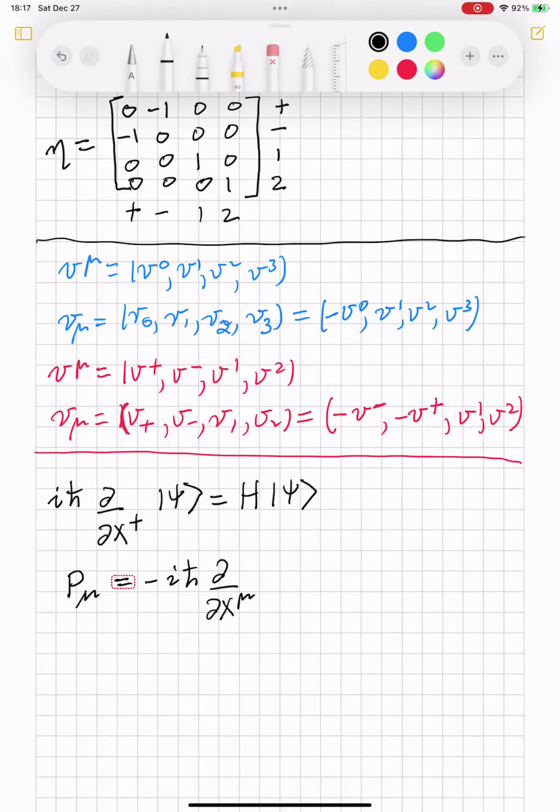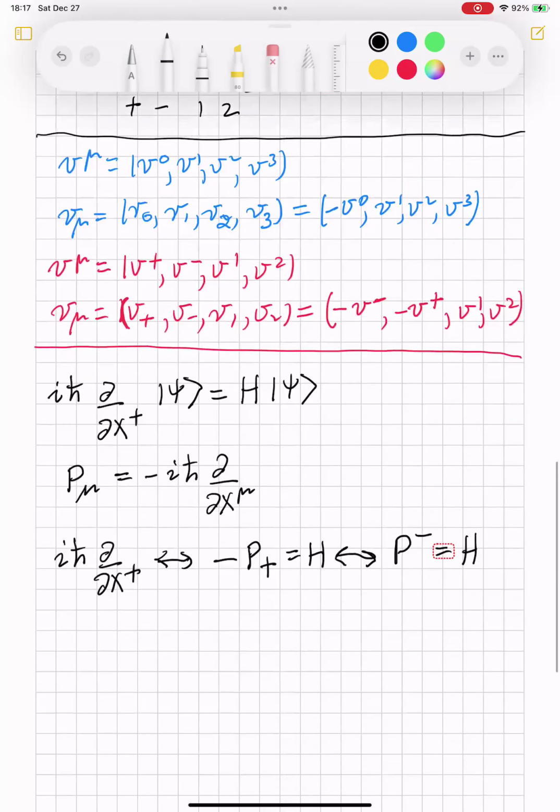So if we look at i h bar d by dx plus, this we should identify with minus, we need a minus sign, p plus. And that's the Hamiltonian. Now, we just said if we raise and lower indices using the light cone metric, the sign changes, so I get a p, and when I raise the plus, it becomes a minus. So the Hamiltonian actually is p minus.